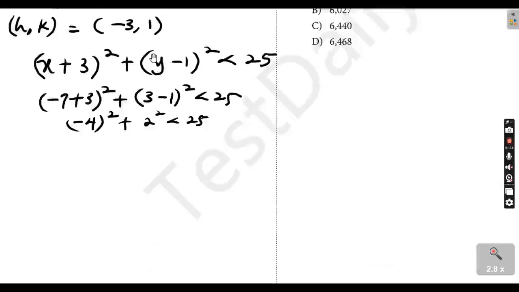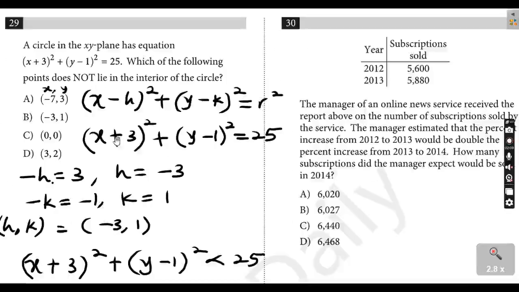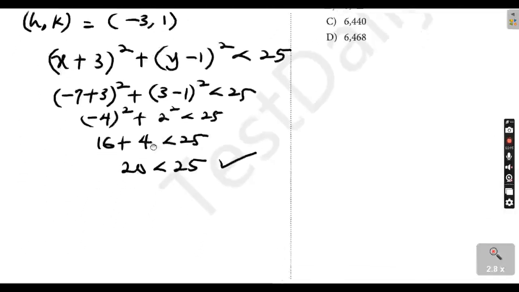So −4 squared is 16, plus 2 squared, 4, less than 25. 16 plus 4 is 20. 20 is less than 25. So option A lies in the interior.